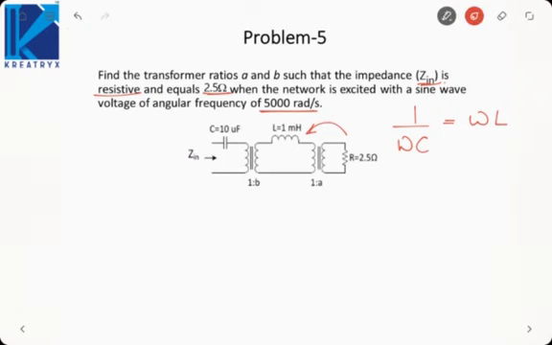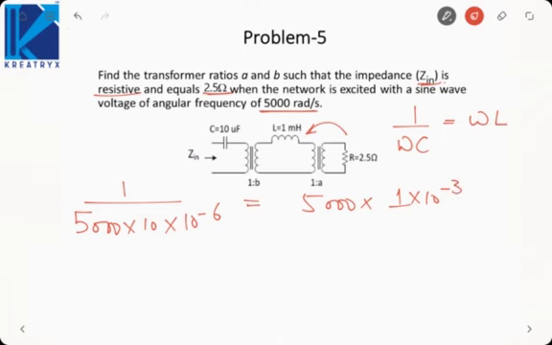So 1 by omega C is 1 by 5000 into 10 into 10 raised to power minus 6. Omega L is 5000, L is 1 millihenry by B square. When it has been transferred into primary, we will have a factor of B square. If we solve from here, B square comes out to be 0.25, which means B will be 0.5.